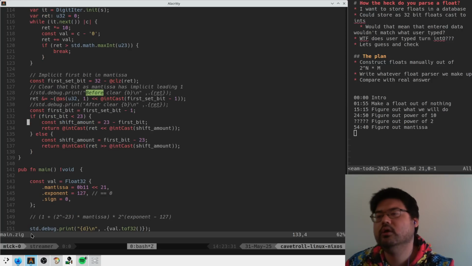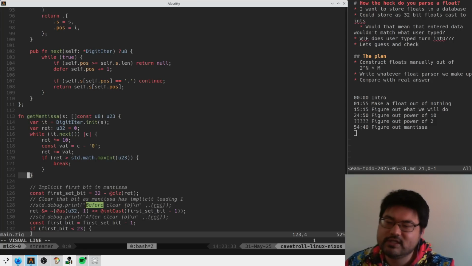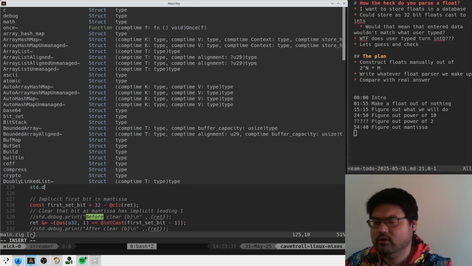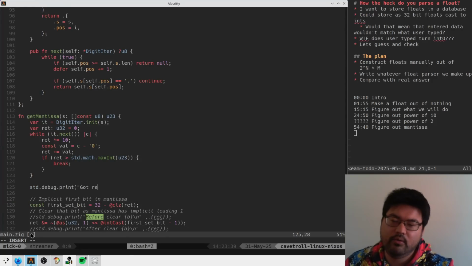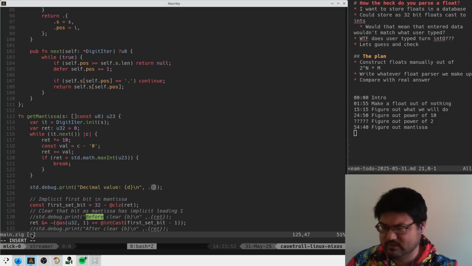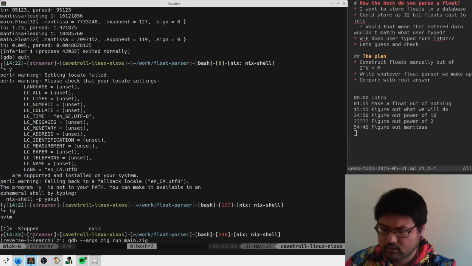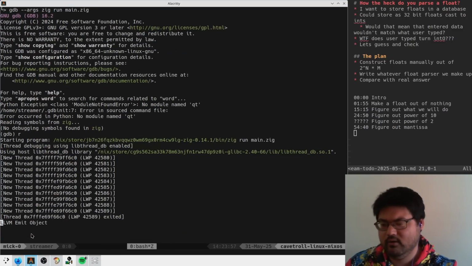So here at this point, what are we expecting to see? I don't really know. Got, you know, decimal value is this. I wonder if this is reasonable in some way, shape, or form. That'd be before we do any of our clearing. This is probably supposed to be something that we can interpret. Right? Must be.